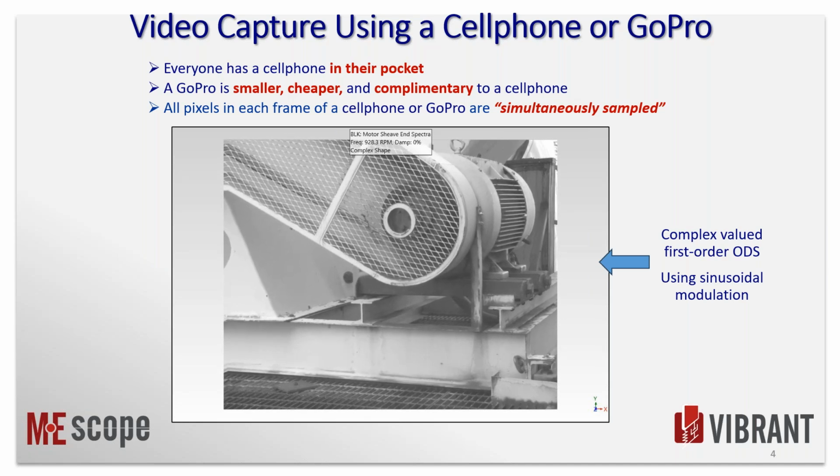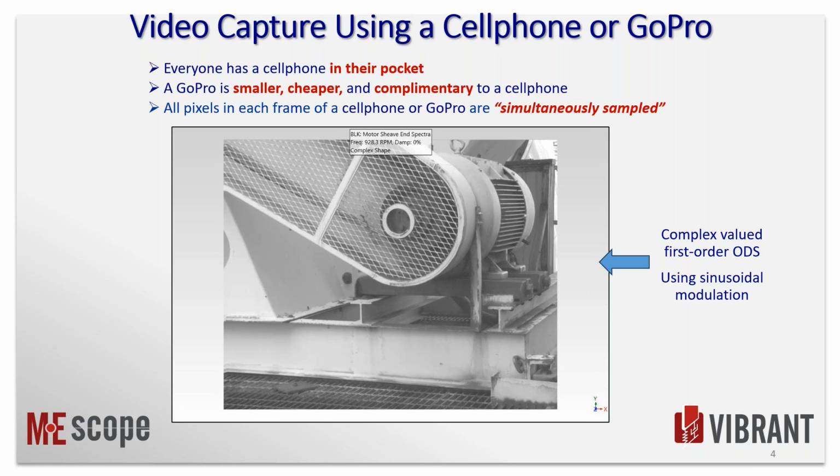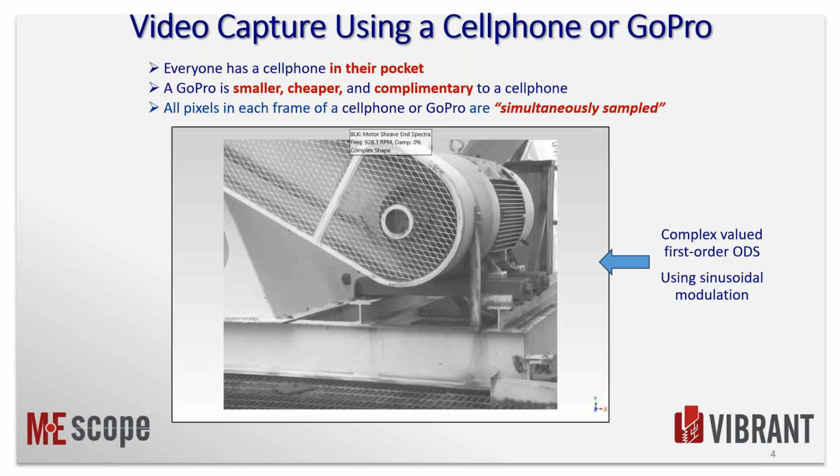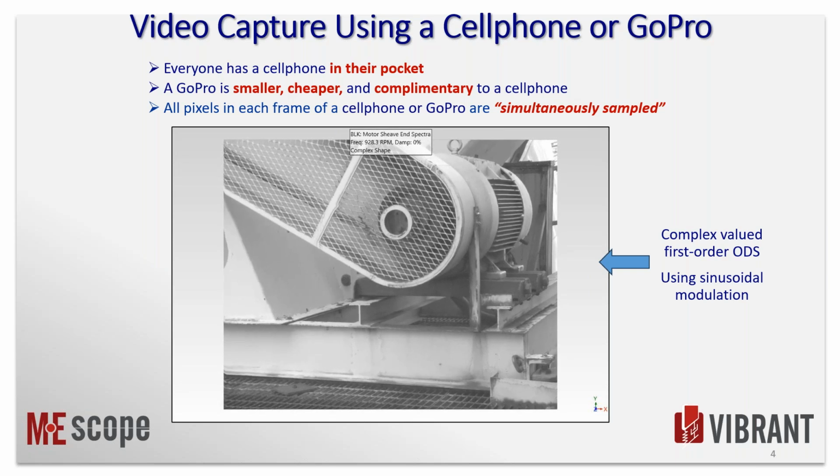Now, the issue with digital video cameras is this issue of simultaneous sampling. In a GoPro or in a cell phone, the pixels are not sampled exactly simultaneously from the top of each frame to the bottom. It's a raster scan, kind of like the old TVs that scanned a beam from the top to the bottom. But the phase difference, the time delay, and of course the cameras are getting better all the time. We can assume that all the pixels are being simultaneously sampled.